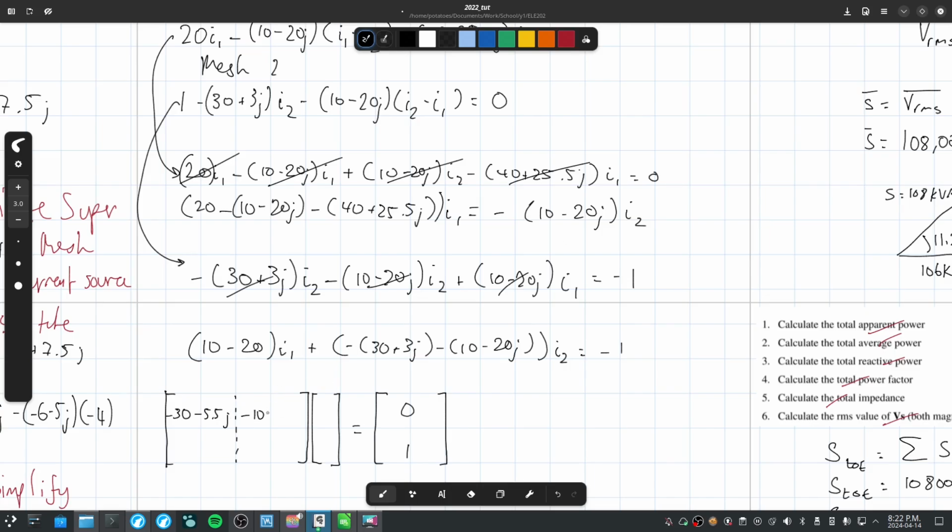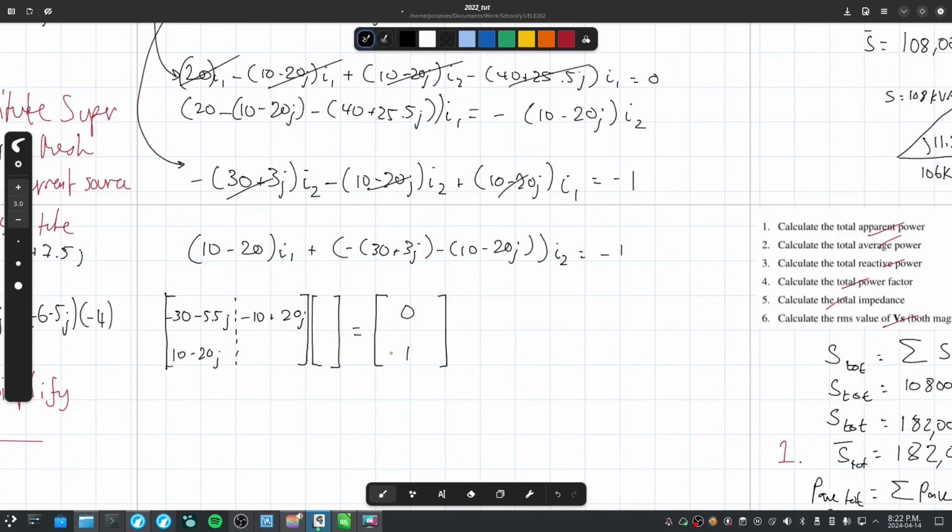And this here is negative 10 plus 20j. And we pull this here. This is 10 minus 20j. This is negative 30 plus 3j minus 10 minus 20j. Oh, this is negative 1. Oops. This is I1, I2. This is minus 40 plus 17i.